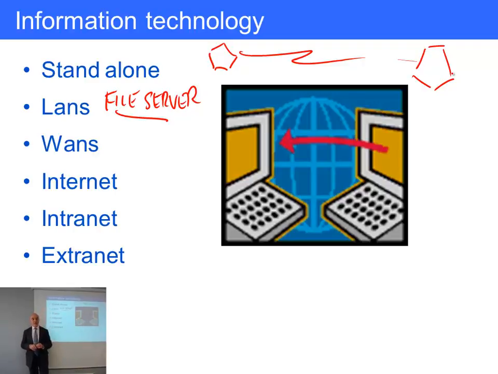So if you saw your inventory going down and it hits reorder level, your system can initiate an order which goes straight to the computer system of the supplier. So an extranet is access to computer information on somebody else's system. Extra meaning basically outside.